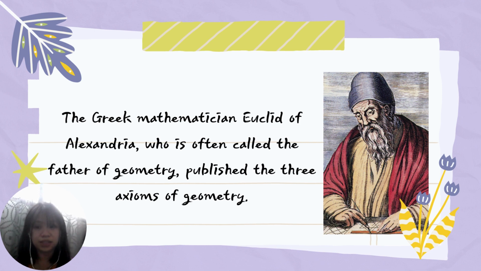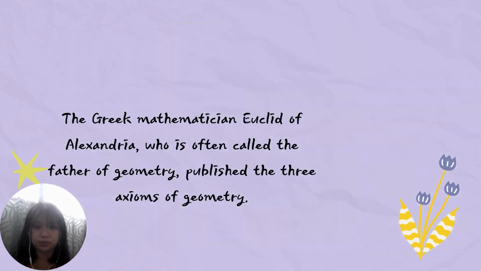These established, widely accepted and self-evidently true statements are known as axioms. Notably, an essential part of mathematics is proving complex theories by combining different axioms with applications of the rules of logic. The infamous Greek mathematician Euclid of Alexandria, who is often known as the father of geometry, published the 3 axioms of geometry.